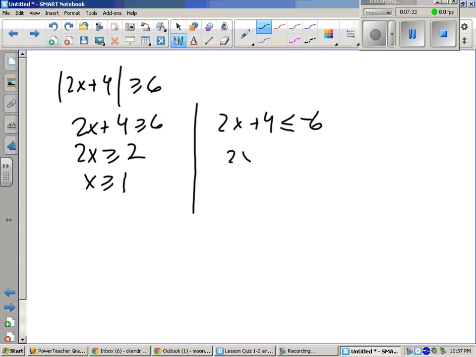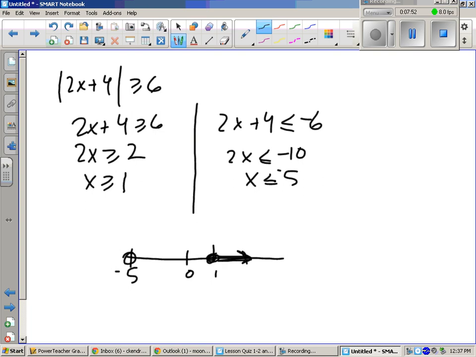Here I'm going to subtract 4 and divide by 2. Now I didn't divide by a negative, so I don't flip that around. Graphing, here's 0, here's 1, here's -5. Greater than or equal to 1, greater than is to the right, less than or equal to -5, shade to the left. So you can see that it's split the way you graph that.